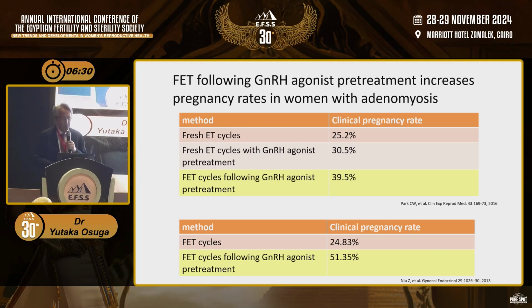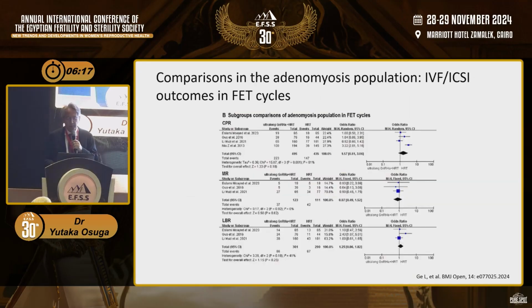And the lower panel shows that FET cycles following GnRH agonist pretreatment had a higher pregnancy rate than frozen embryo transfer cycles. However, there's contradictory data that GnRH analogs before FET is not effective.